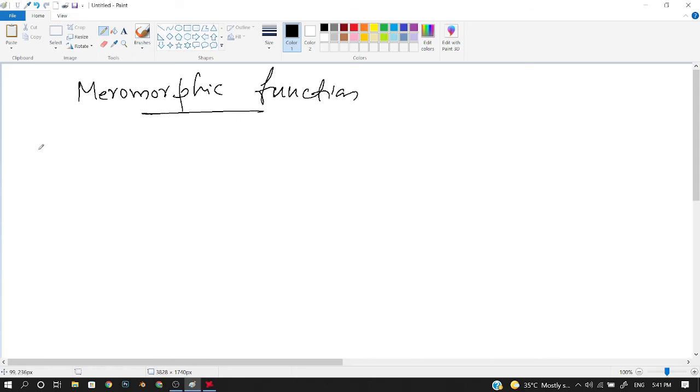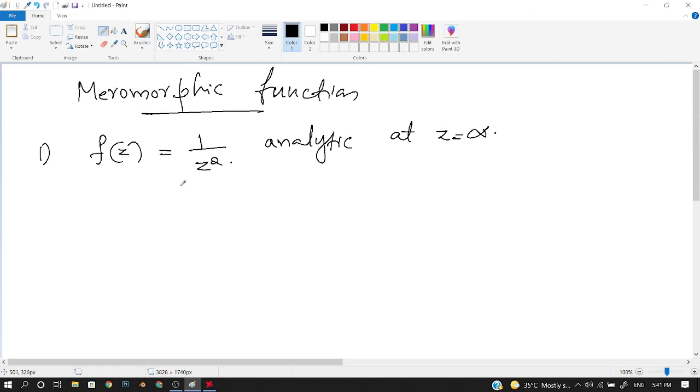So let us consider some points here. f of z equal to 1 by z square is analytic at z equal to infinity. Why?